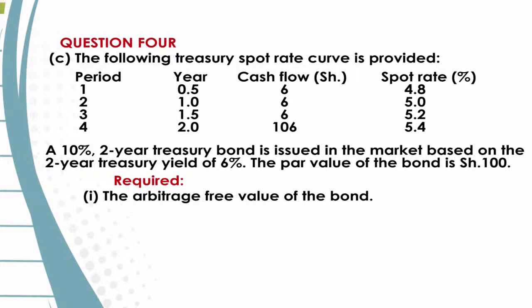And you can see, candidates, the coupon is 10%. The par value is 100 shillings. And therefore, the cash flow here will be 10% of 100 shillings. Then we divide by 2 because it is semi-annual.